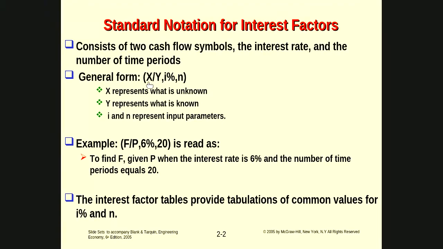So you start with the unknown and then the known, then the interest rate, then the number of years. So in this example, if we have to find it, then we are given the P, which is the present, the interest rate is 6% and the number of years is 20.